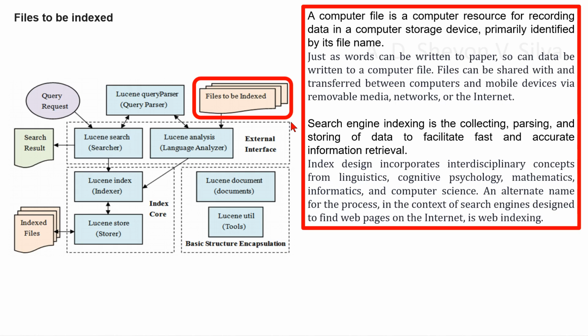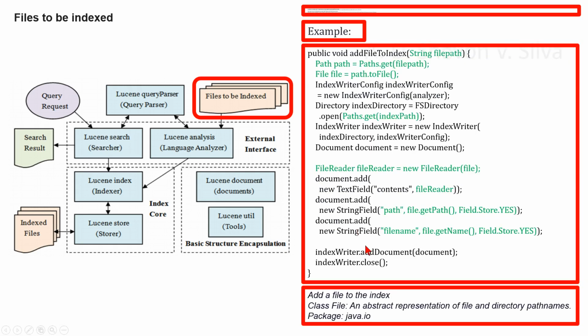Search engine indexing is the collecting, parsing, and storing of data to facilitate fast and accurate information retrieval. Index design incorporates interdisciplinary concepts from linguistics, cognitive psychology, mathematics, informatics, and computer science. An alternative name for the process, in the context of search engines designed to find web pages on the internet, is web indexing. Here we are considering adding a file to the index.